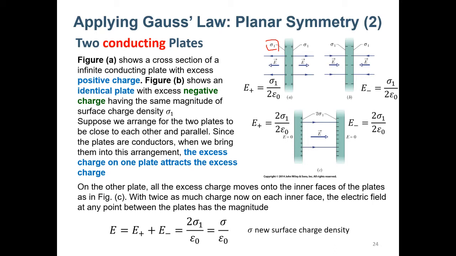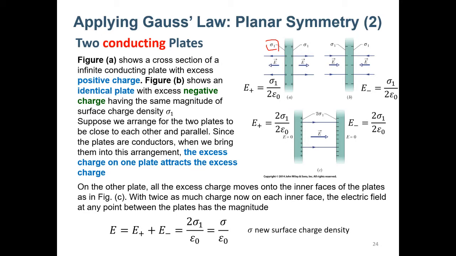So E plus E minus will become 2 sigma 1 over epsilon 0. Just add them together, and cancel the 2 at the denominator. And now we define the new surface charge density sigma to be 2 sigma 1, because all the charge goes to the inner surface.